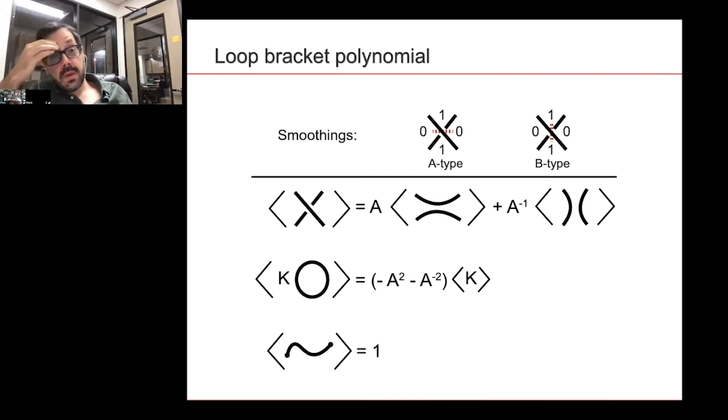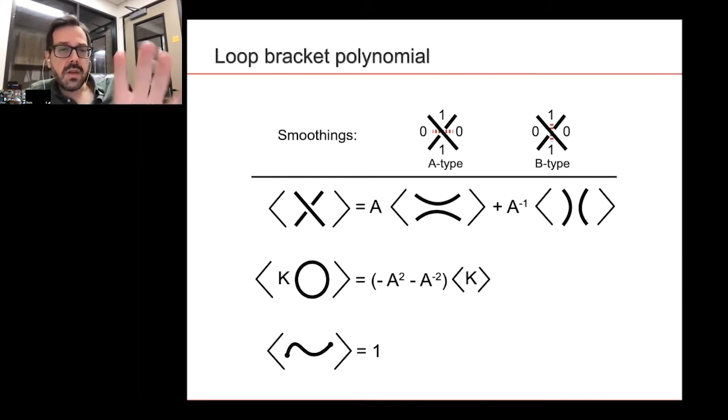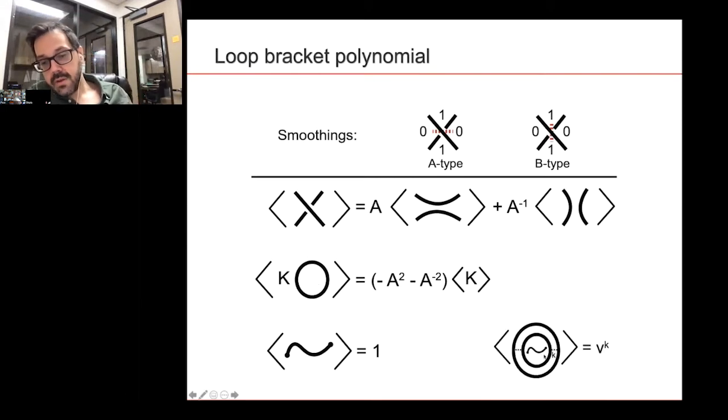So this is where we have the loop bracket polynomial. We call it the loop bracket. And more or less it is exactly the same, but we add one extra rule. If we have a long segment surrounded by k disjoint or concentric circles, let's say, then we give this a value of v to the k, to the number of circles that surround the long segment.